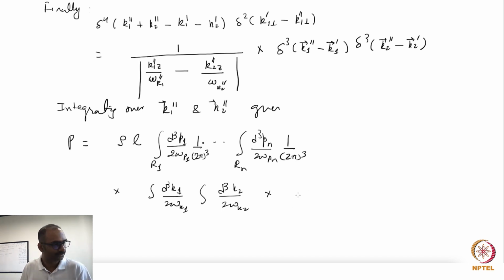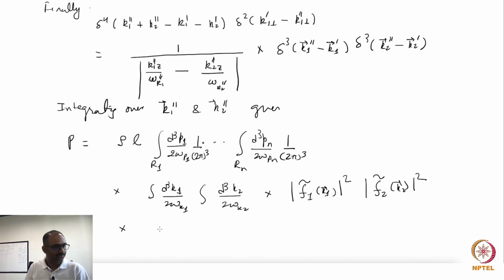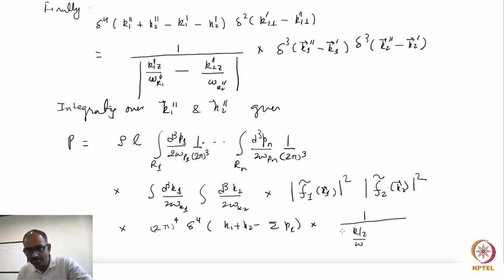times f1 tilde k1 mod square. As I told you, they will convert to mod squares, mod square times 2 pi to the 4 delta 4 k1 plus k2 minus summation over pi, that is this delta function which we never touched, and times the Jacobian factor, which is 1 over k1 prime z over omega k1, no primes now, k1 z over omega k1 minus k2 z over omega k2 modulus of that.